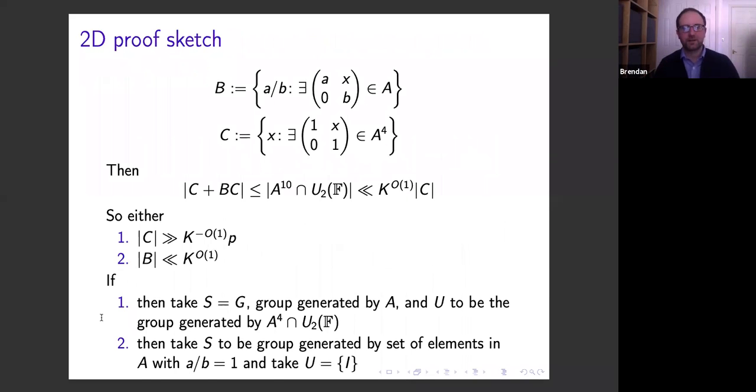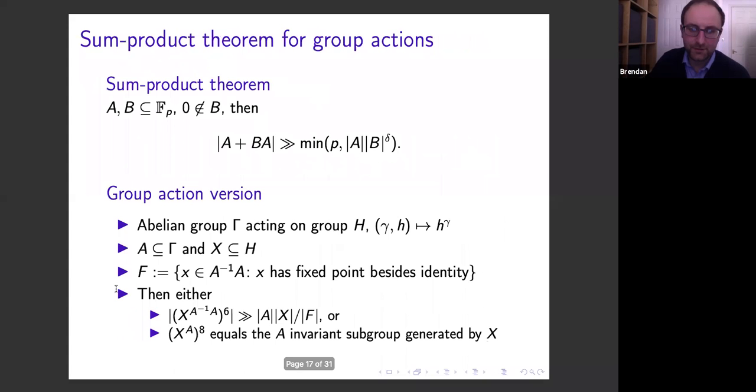There's some technicalities, I guess. You need to be able to describe the set that you're acting on for a number of reasons. And in particular, this set of fixed points can be problematic. So you need to guarantee that there aren't any points that are fixed, say, by everything in your group gamma.